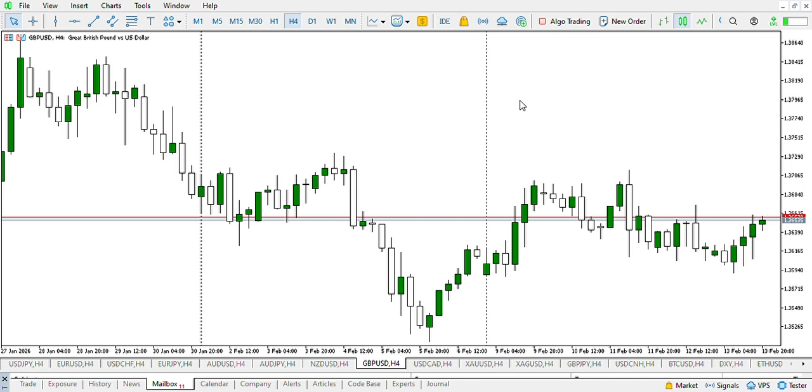So right here we are going to be solely focusing on GBP USD as well as how to spot the early shifts in major trends. So navigating the GBP USD landscape, we are dissecting how to accurately identify early signs of trend reversals, moving beyond lagging indicators to pinpoint the nuanced shift in market sentiment.